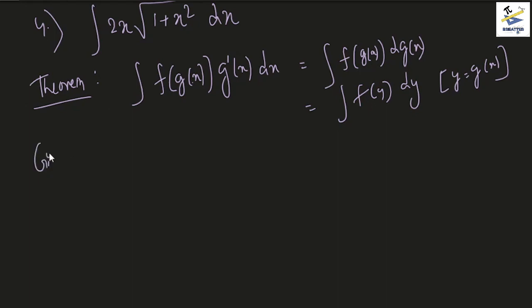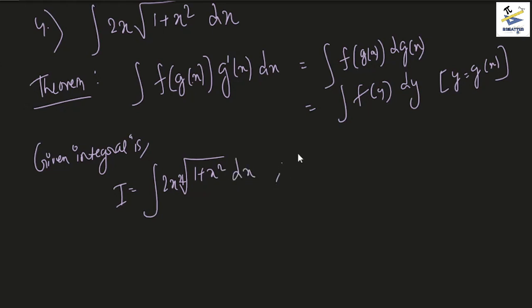The given integral is I equals the integral of 2x into root over 1 plus x square dx, and we can substitute y equals 1 plus x square. Why are we doing that? Because I realize that the integral of 2x into root over 1 plus x square can be solved if we were to eliminate this root over 1 plus x square thing.